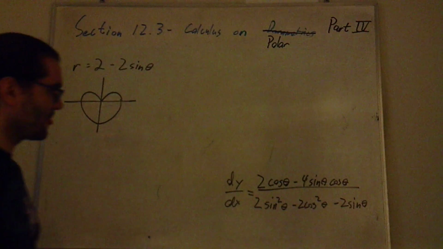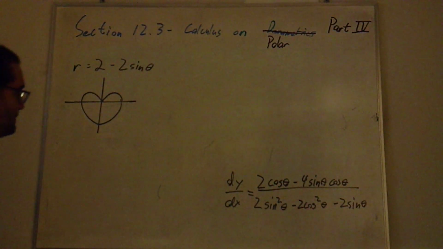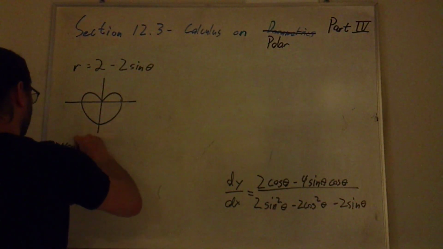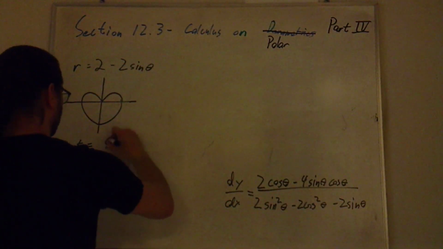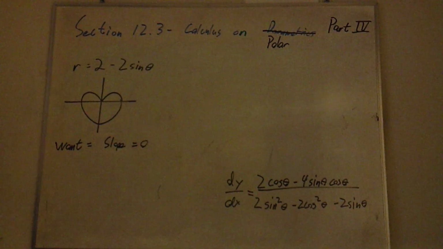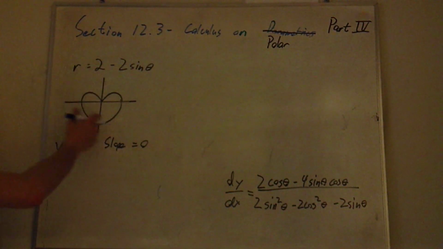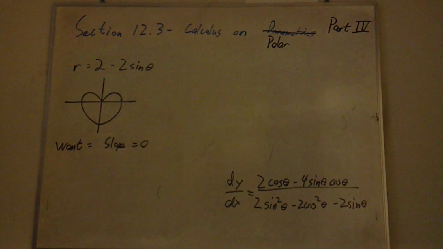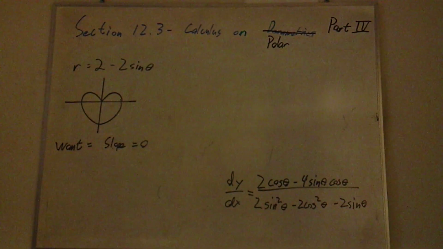Okay, I have my derivative here, and once again, I want to find all the points on my lovely heart shape where the slope is equal to 0. These will be the maximums and the minimums on my heart shape.